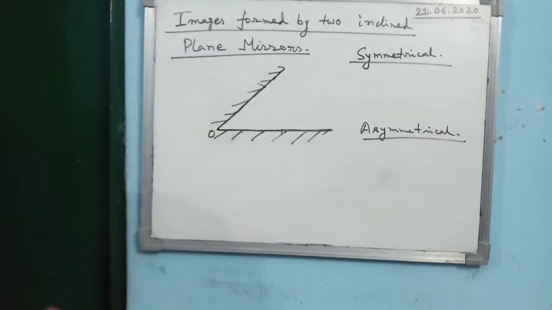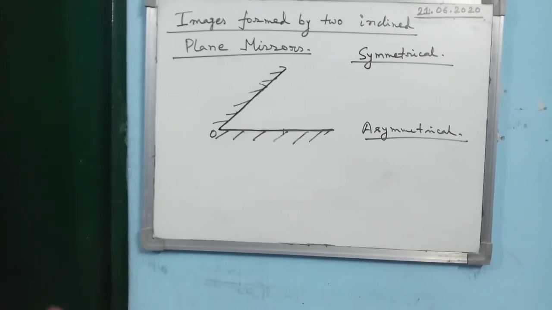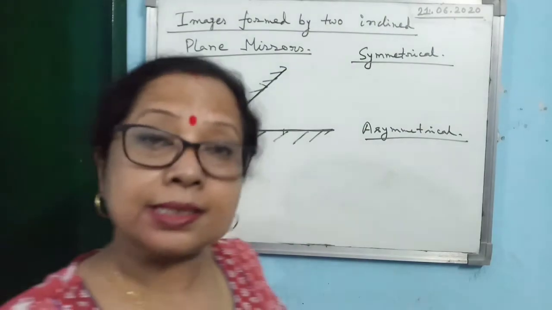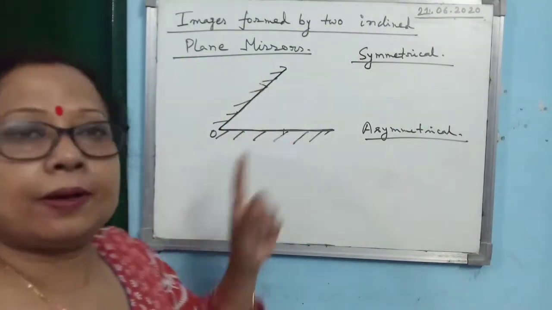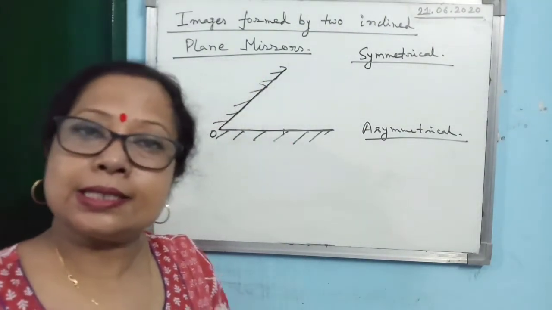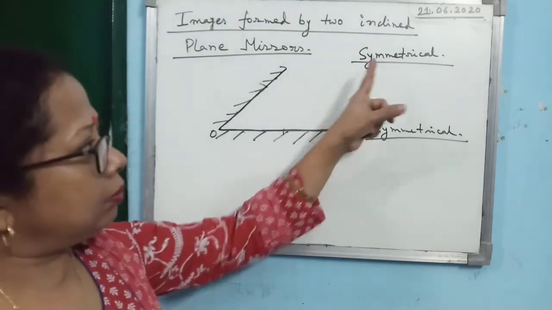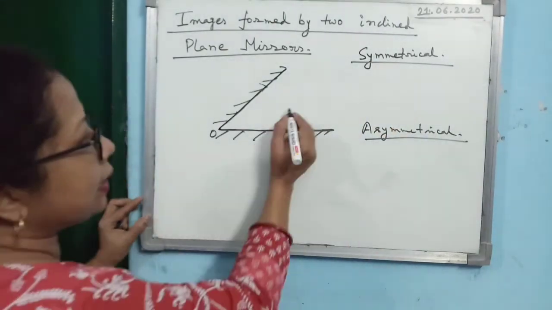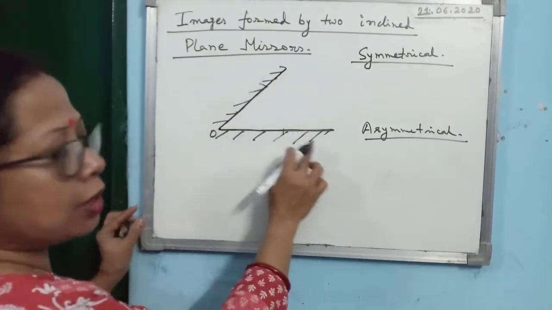Symmetrical and asymmetrical. Now symmetrical setup means the object is at equal distances from the 2 mirrors. Symmetrical setup means what? The object is at equal distance from both the mirrors.